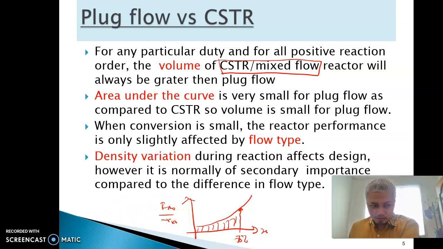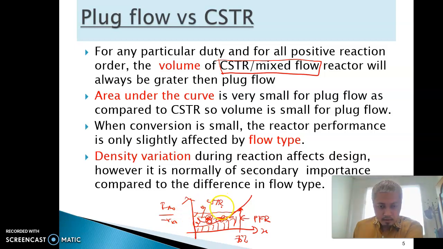This will be the volume of reactor for PFR, but for CSTR it is this. Why? Because for PFR we have agreed that the formula is in integral form, but for CSTR it is in algebraic form. That's why we need to consider this whole part, I mean the square or the rectangle of that area. Okay, so this will be CSTR.